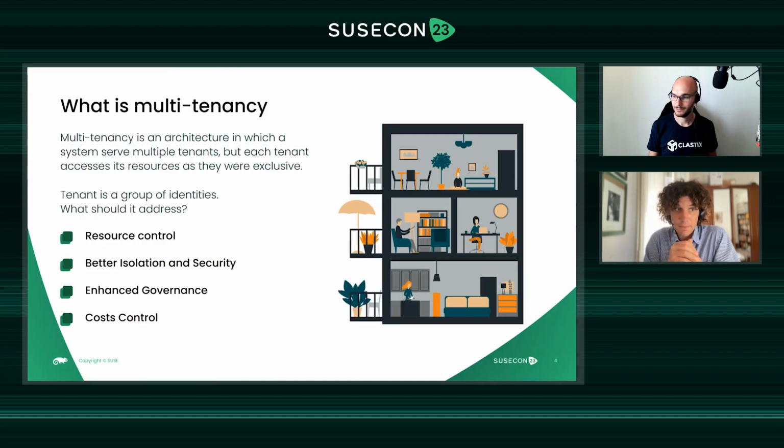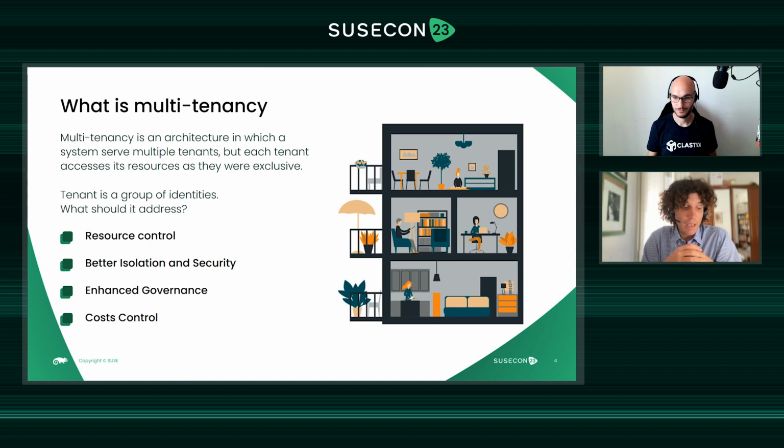Okay, so what is multi-tenancy? Multi-tenancy is a paradigm, an architecture, in which we have a system which is shared between multiple entities, between multiple tenants. This is why it's called multi-tenant. So what is a tenant?